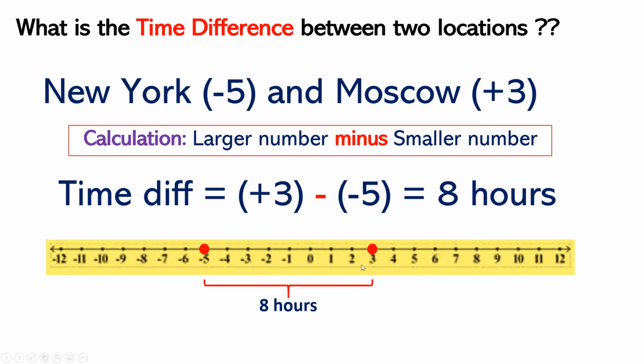Another way to think about this is just adding the 3 hours back to the meridian and adding the 5 hours back to the meridian. 3 plus 5 is equal to 8. So you can use these time zones to work out the time difference between any two locations. You'll always be given these time zones. You won't have to remember them or figure them out.